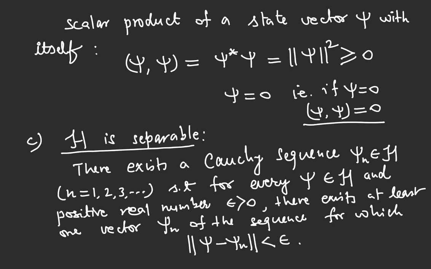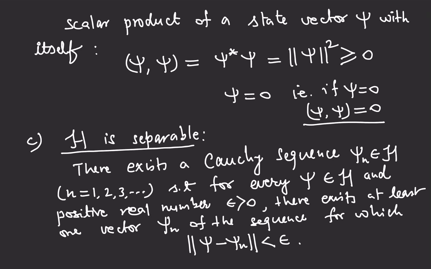That means in the Hilbert space there exists a Cauchy sequence. That is, as we proceed further, the next element becomes closer to the preceding element, and so on.